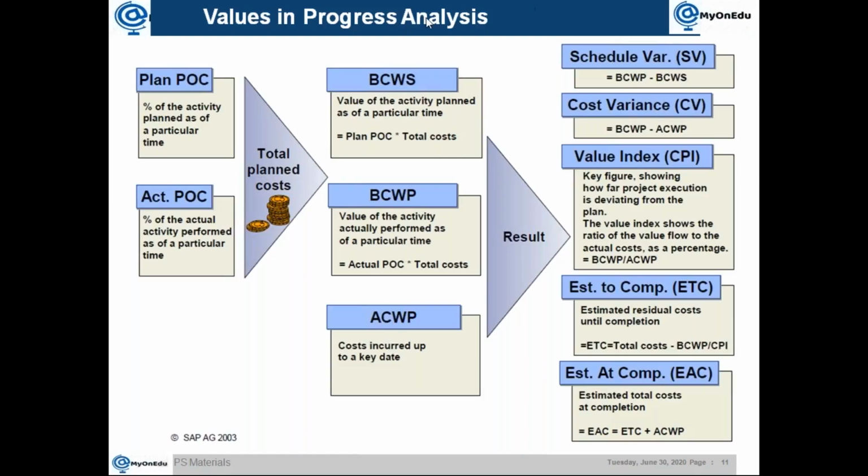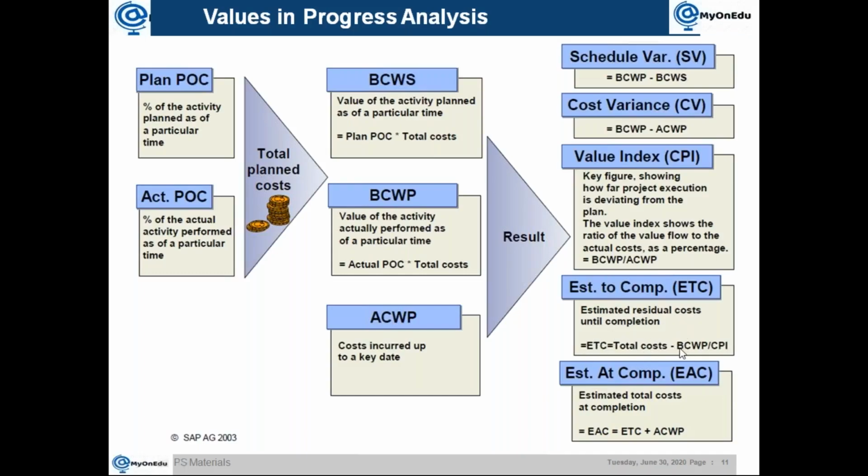Right? Planned POC, actual POC, then BCWS, BCWP. Then from these, different differences are there. The difference between these two is known as schedule variance. The difference between these two is cost variance. There is something called CPI, which is the ratio BCWP by ACWP. Then there is an estimate to complete value: what is the residual cost required until completion?